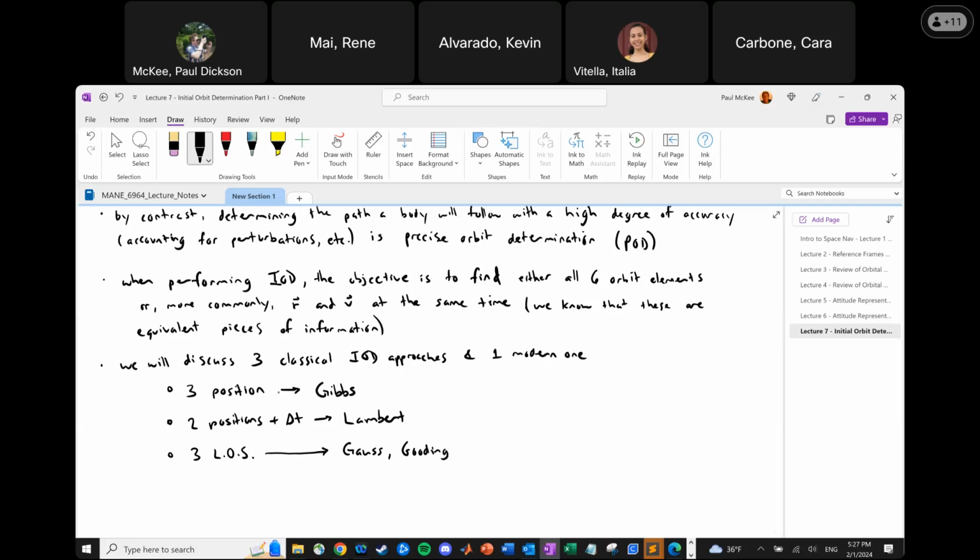I think we're only going to have time for Gibbs and Lambert, and we're going to leave Gauss and Gooding to next class. Gooding we're going to have a cursory, very high level discussion of, whereas Gibbs, Gauss, and Lambert, by the end of what we're talking about, you will be able to code up your own.